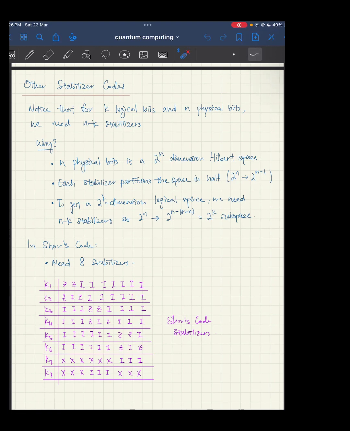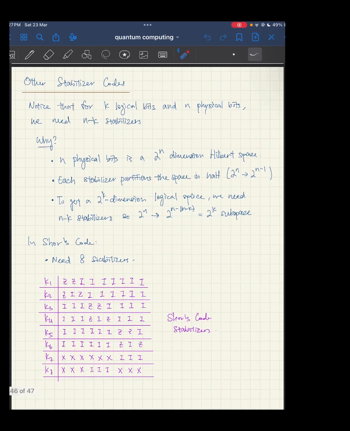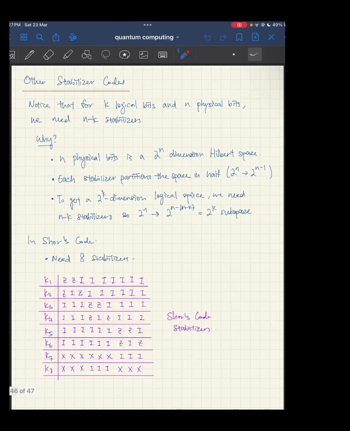And afterwards, we talked about stabilizers, which is basically a more mathematically formal way of viewing how error correction really works. The real reason behind it is that we are working in a qubit space, and we are partitioning the qubit space into its individual eigenspaces, and we choose one of them to be our code space.